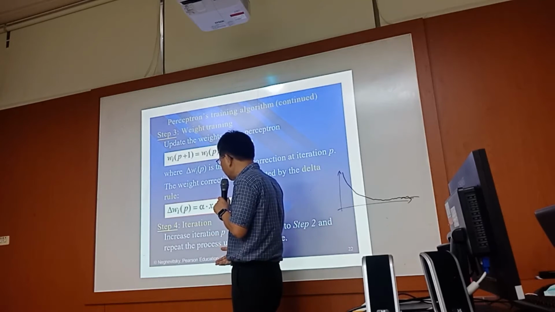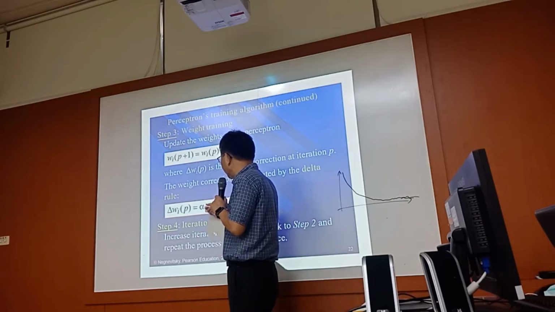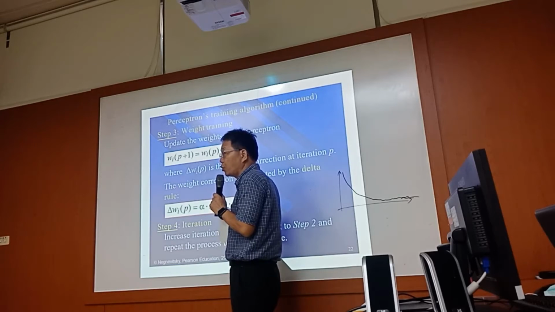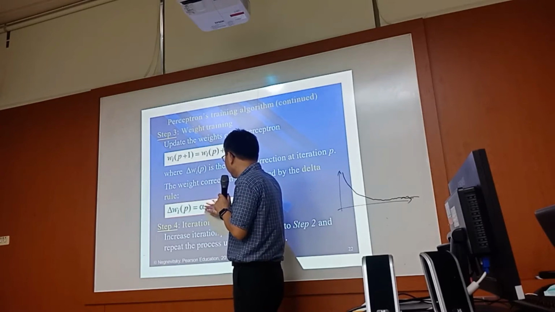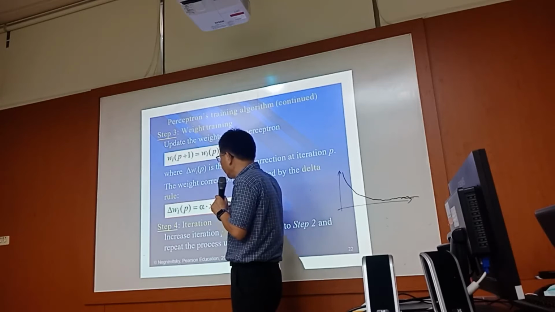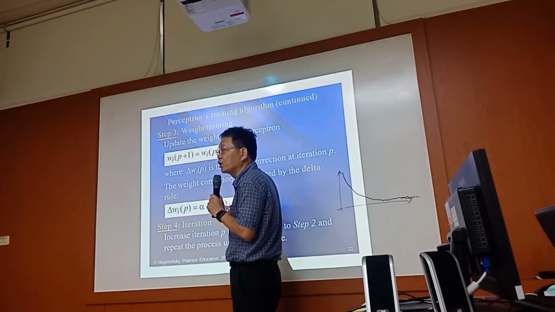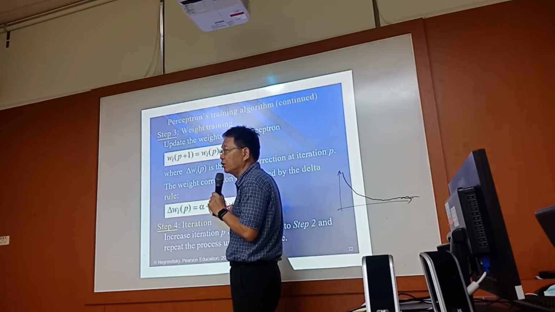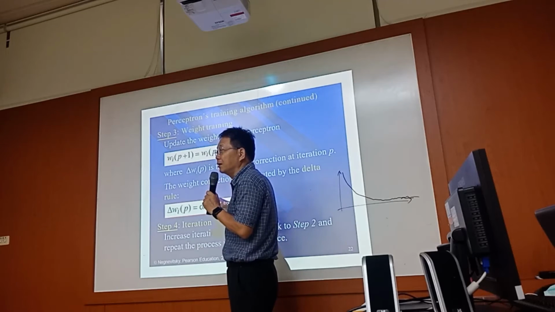Maybe you have a question: why do we need to multiply this one? Why don't we just use alpha multiplied by EP? Can we do this? You also can try, because this is just the perceptron model.